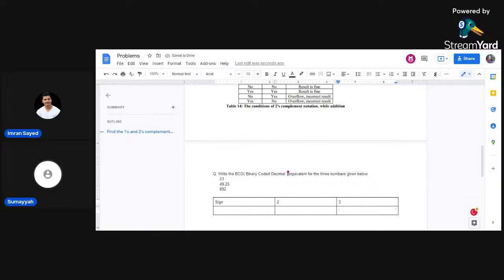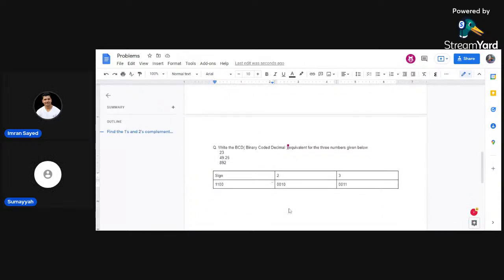So 3 in binary is 0011. 2 is 0010. And in BCD, the sign digits are represented by 1100 for positive and 1101 for negative.